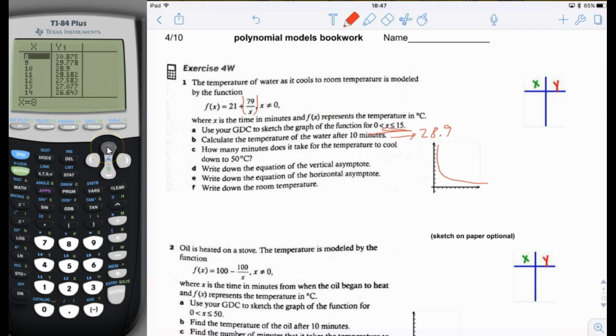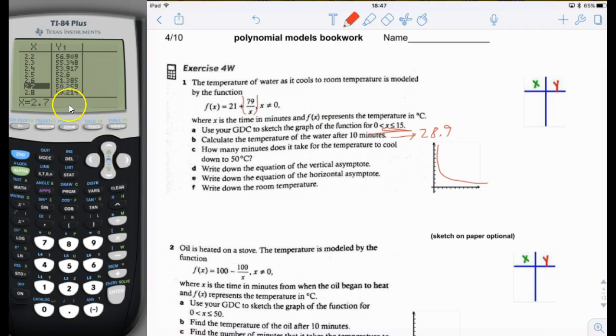How many minutes does it take for the temperature to cool down to 50 degrees C? Let's see. It's already cooled down to 35 here, so... Oh, there it is. So it's between 2 and 3. There's a couple ways to do this. One is we could do plus 0.1, and then we could see a number that's a little bit better, like 2.7.